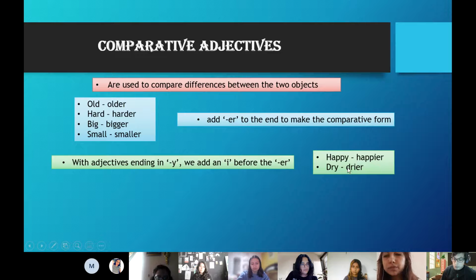Happier. And also we have dry, which is the same. We have the Y, we take out the Y, and then we replace it with IER.